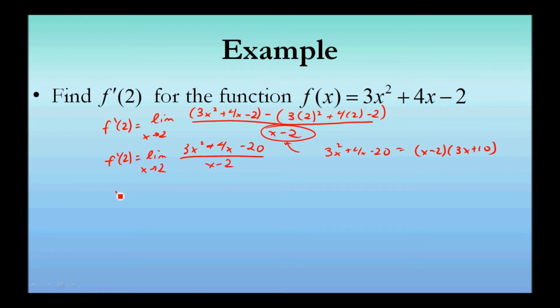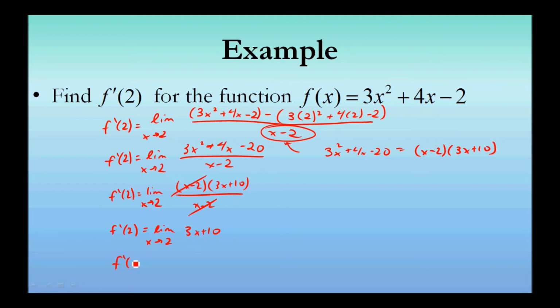So f prime of 2 is equal to the limit as x approaches 2 of x minus 2 times 3x plus 10, all divided by x minus 2. These bits cancel. f prime of 2 is equal to the limit as x approaches 2 of 3x plus 10.